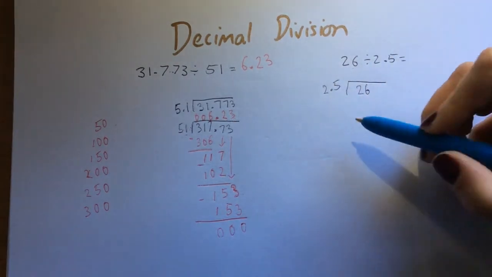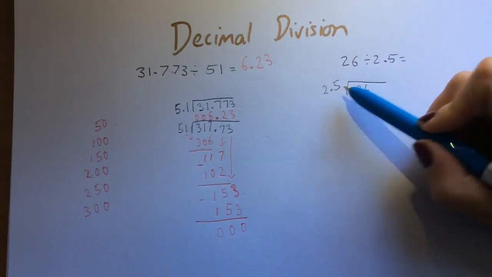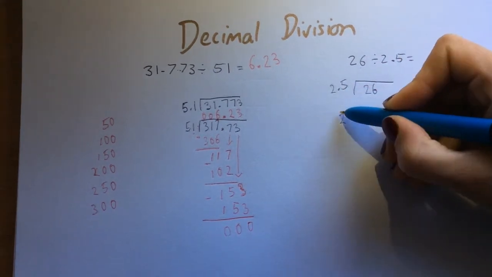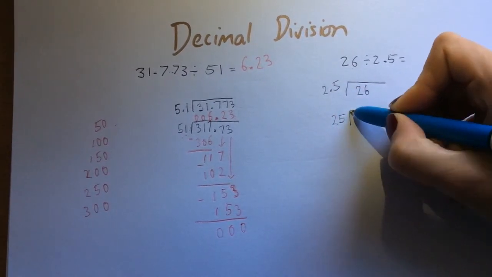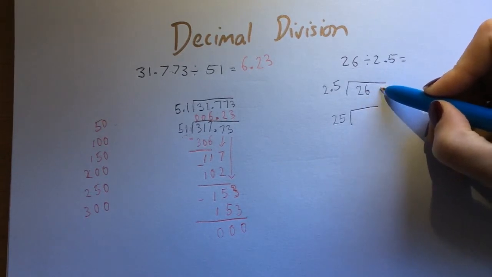So I'm going to follow the same method that I used before, of multiplying them both by 10. Which means that I just move the decimal to the right, so 25 here. But as you can see, there's actually no digit here.